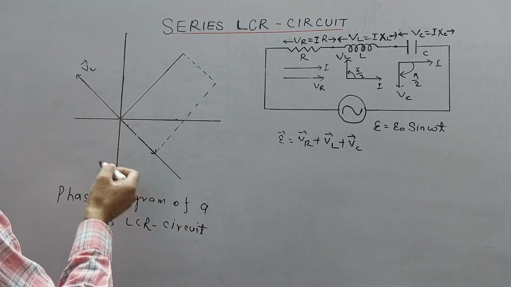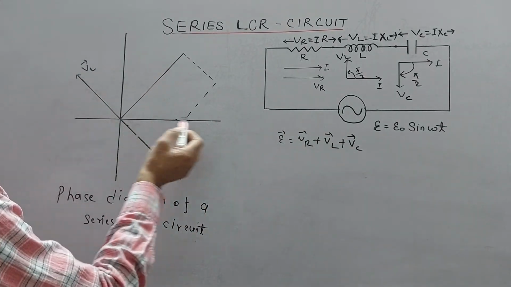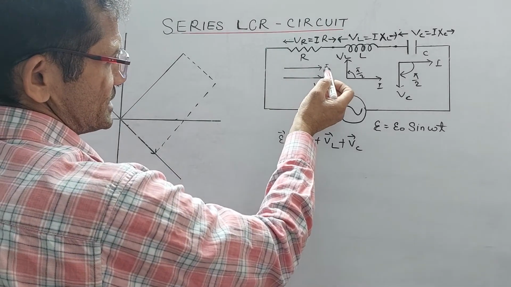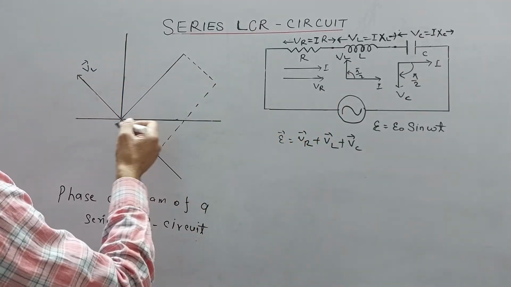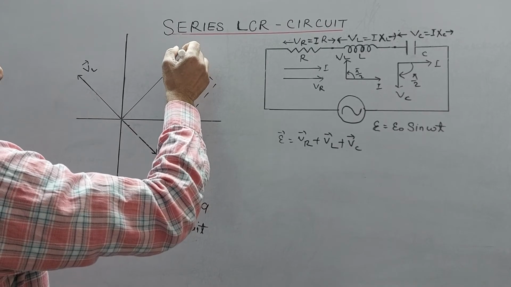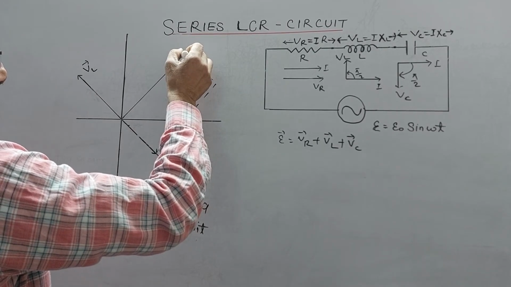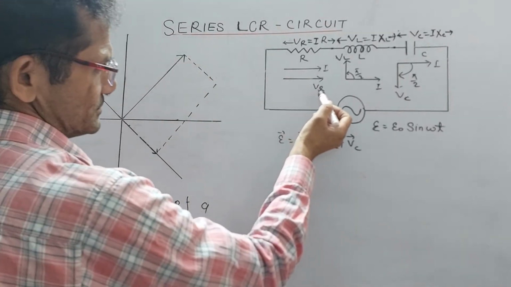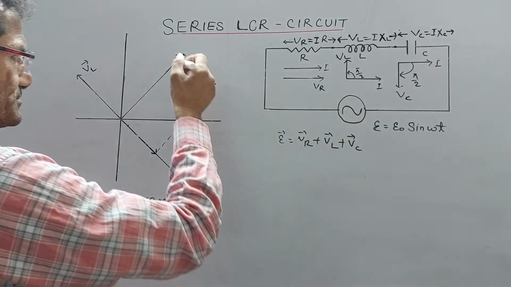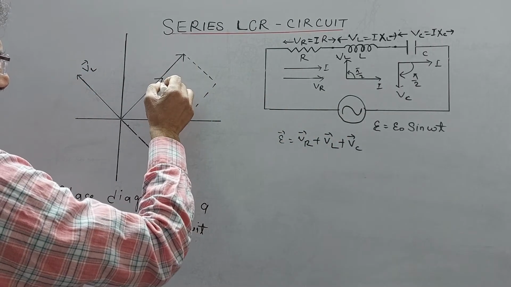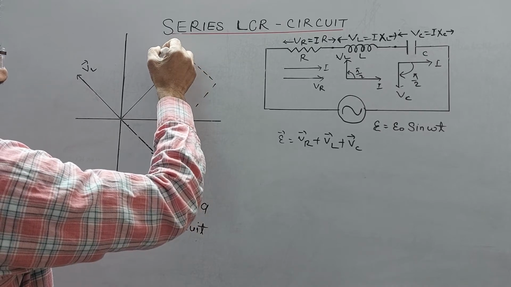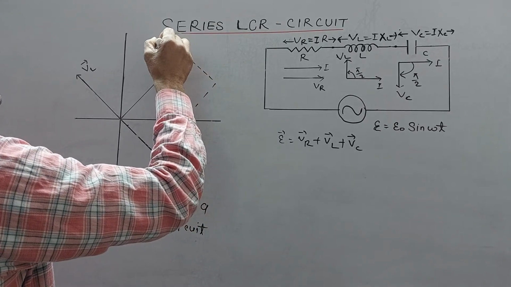This is the y-axis and this is your x-axis. First draw these vectors. I and VR are in the same phase because they are in the same direction. Let us start with your current, and this would be your voltage vector VR.